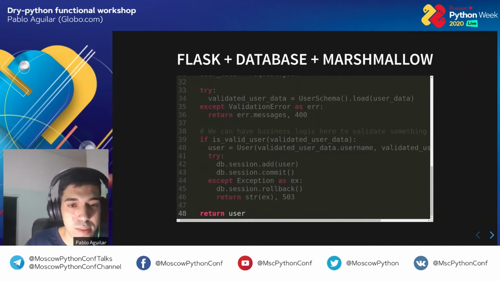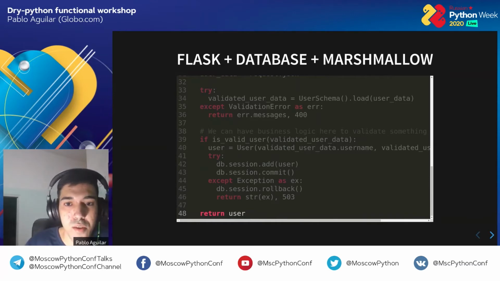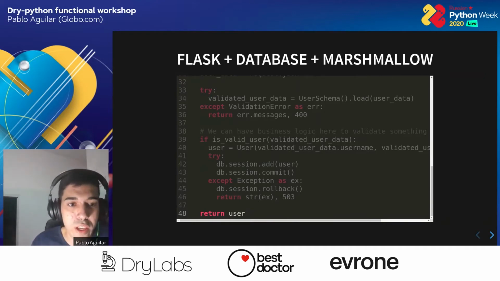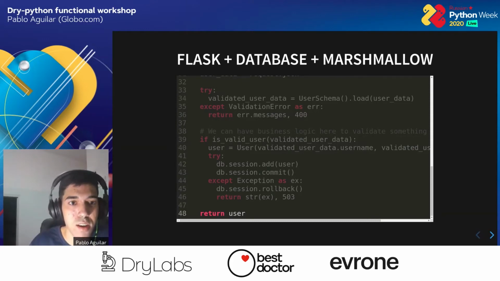I know this example, maybe we can say that I can divide the code, separating the models in a separate file, the Marshmallow schema in a separate file, and the Flask application setup in a separate file too. But we keep this route as is.